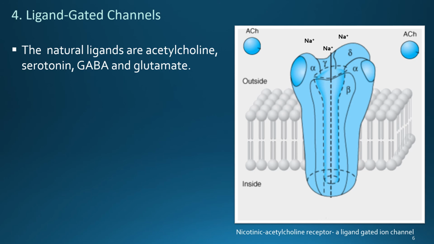It is composed of 5 subunits, that is 2 alpha, 1 beta, 1 gamma, and 1 delta. The receptor opens a central transmembrane ion channel when ACh binds to the site on the alpha subunit.